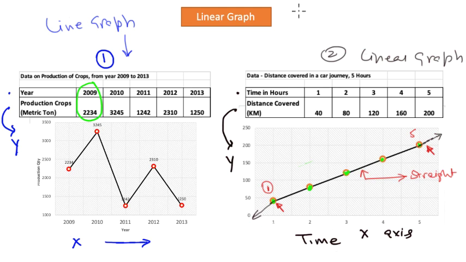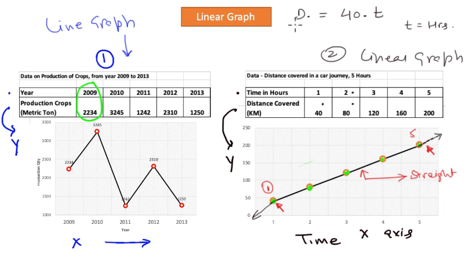So we'll say that the distance, which is denoted as d, is equal to 40 times t, where t is in hours, okay? If you look at the data, we see that when t was 1, we substitute in this function, it becomes d equals 40, which is exactly this point. When t is equal to 2, you substitute in this function, it becomes 80, which is this point.